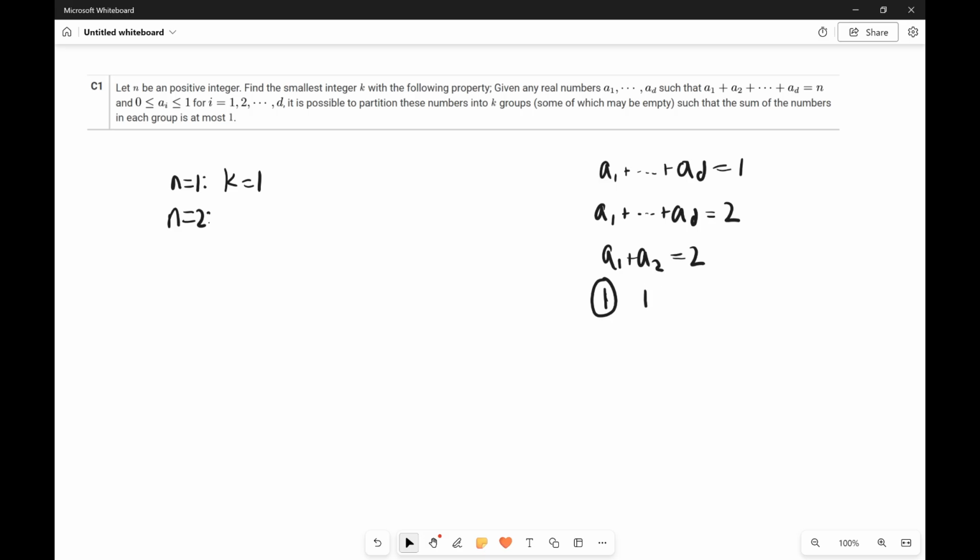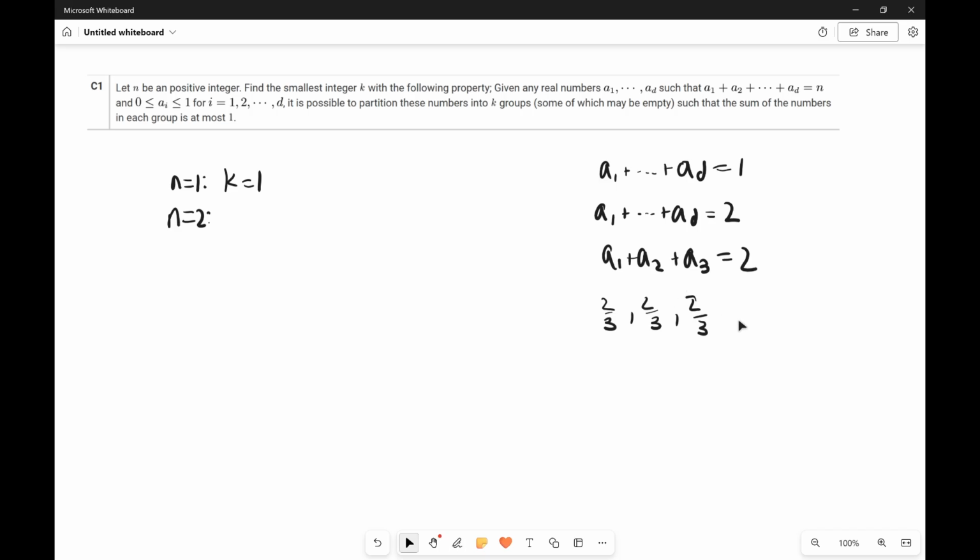Now what happens when d is equal to 3? Because then a1 plus a2 plus a3 is equal to 2. And the most natural case here is to make all the numbers equal. And that makes it 2/3, 2/3, and 2/3.